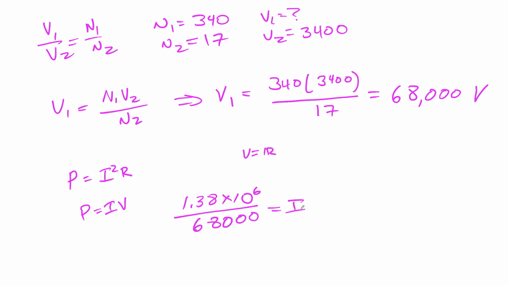That should give me I, because basically what I'm doing here is P divided by V is equal to I. So 1.38 times 10 to the 6 divided by 68,000. I have a current of 20.3 amps. That's a lot of electrons flowing at that time.